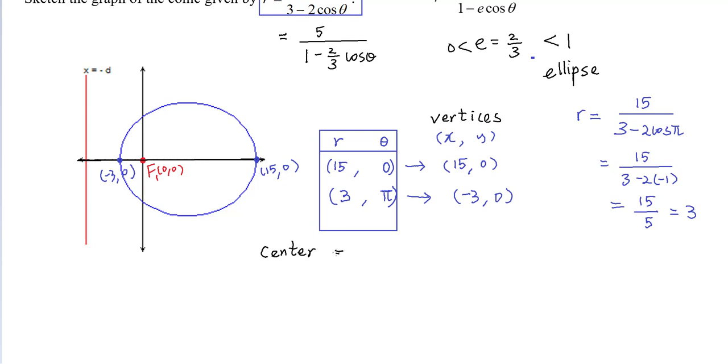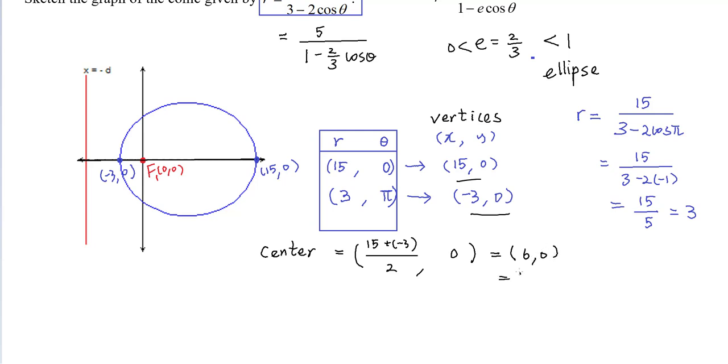So how do you find the midpoint between two points? You add the two coordinates and divide by 2. Of course, 0 divided by 2 is 0. And 12 divided by 2 is 6. So the midpoint is simply 6, 0.